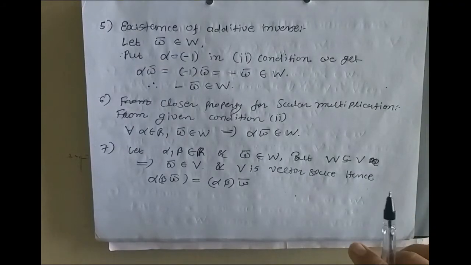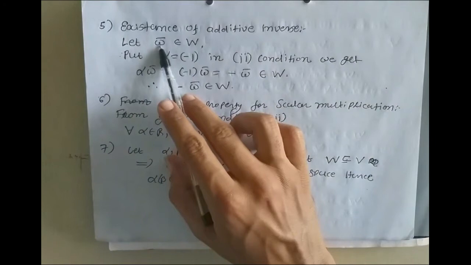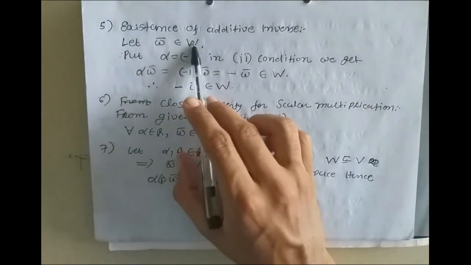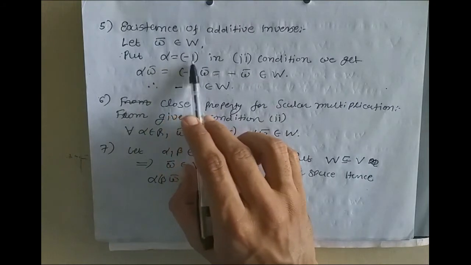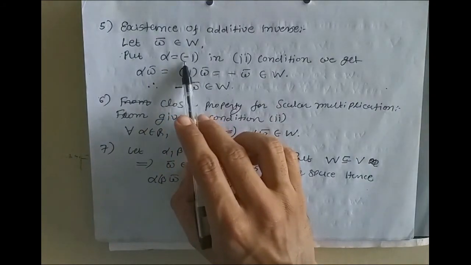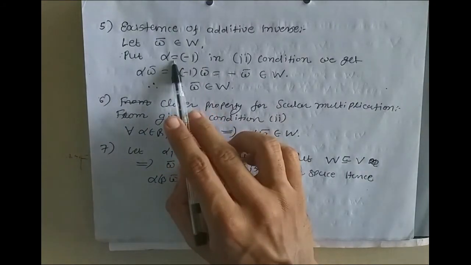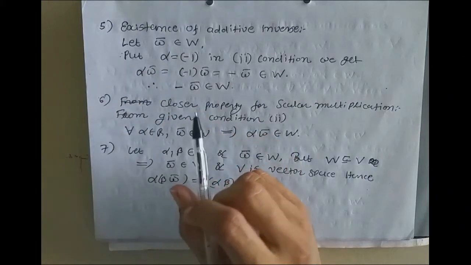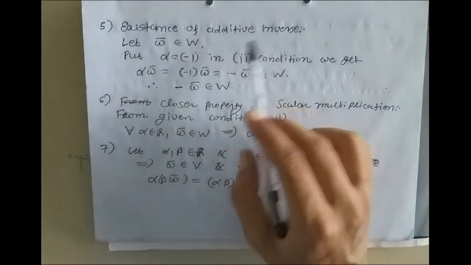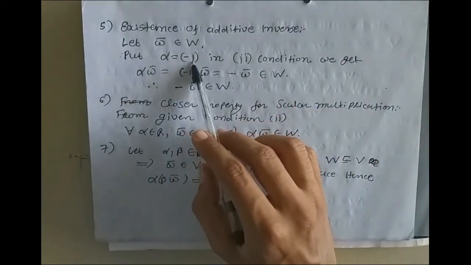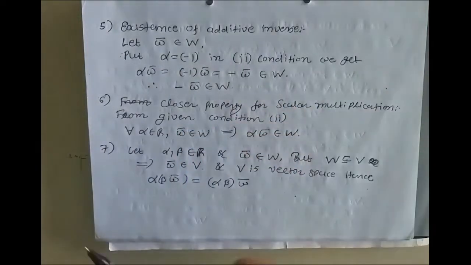Now the existence of the additive inverse, or we can say the inverse element. For that, consider vector W bar belongs to W. Put alpha equal to minus 1. In the existence of the 0 vector, we put alpha equal to 0, but here we prove the existence of the additive inverse. For that, put alpha equal to minus 1 in our second condition.